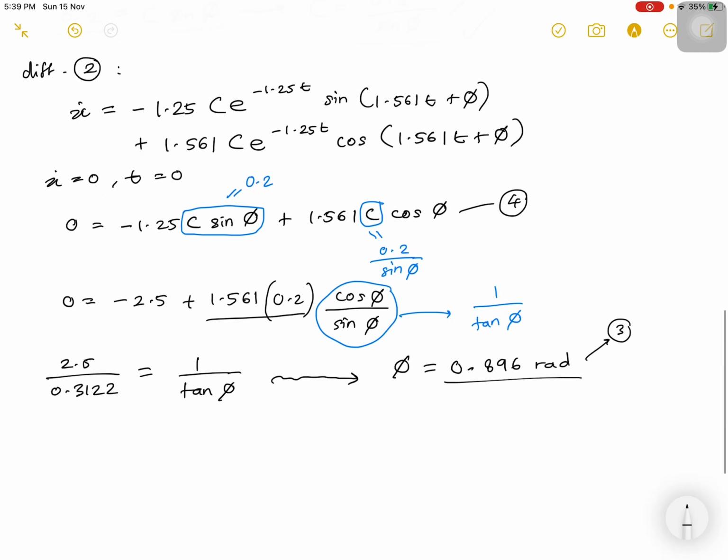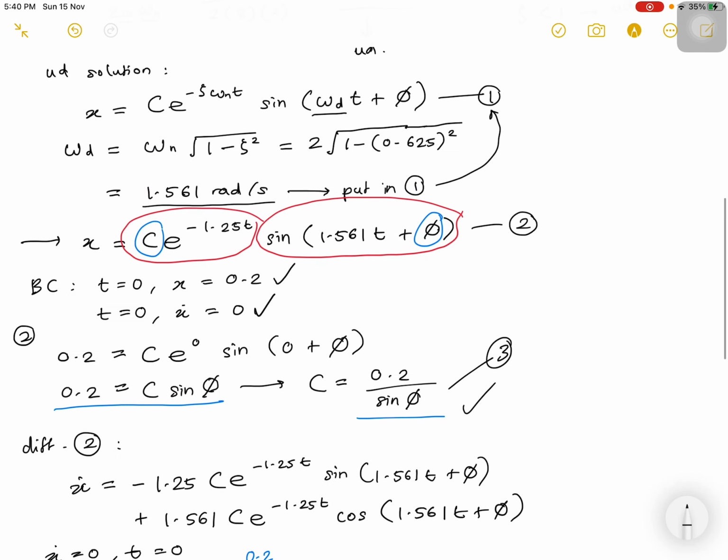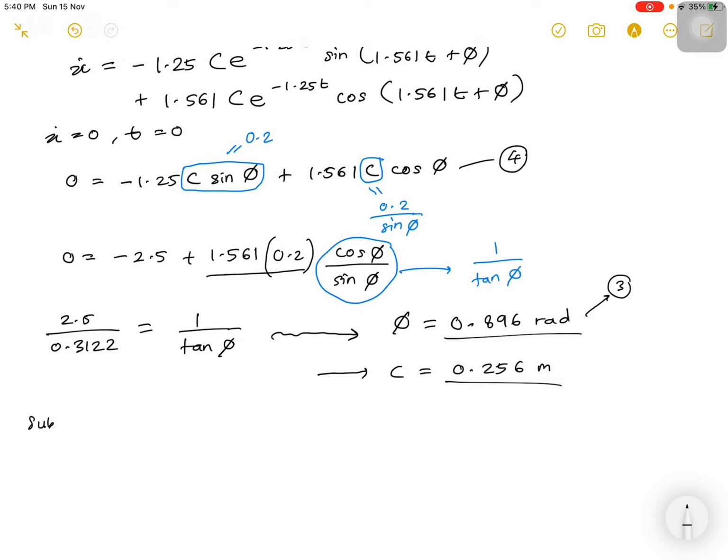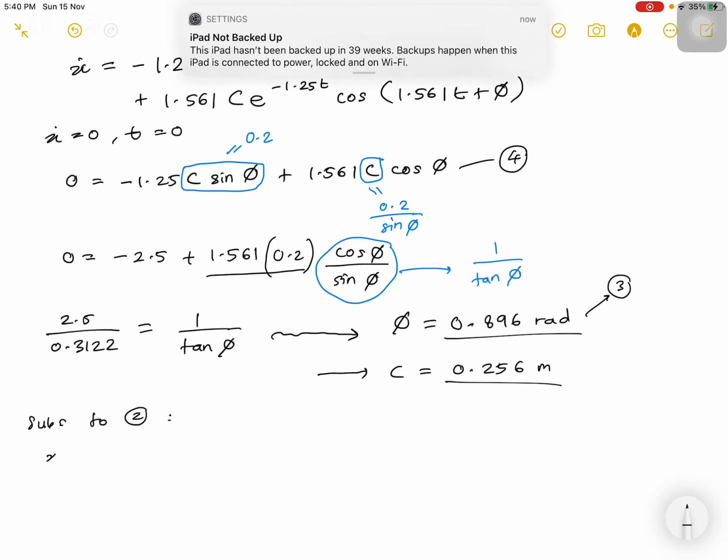So we get the first value, and then we can put this back into number 3 right here. Therefore C is equal to 0.256 meter. So we get the two constants, and then we substitute back to equation 2.